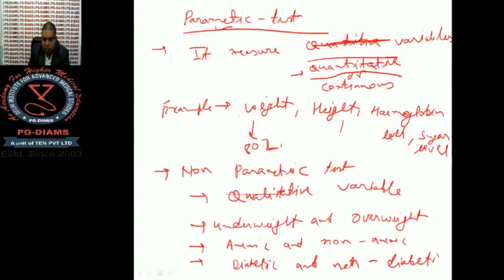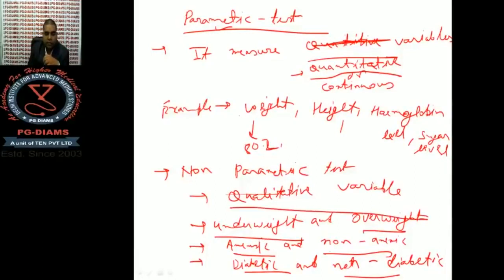This type of two grouping, or more than two grouping, like we can classify anemia as mild anemia, moderate anemia and severe anemia. So these are all qualities, you can see. So this is a qualitative variable. Why? Because they tell about quality. Underweight and overweight, anemic, non-anemic, diabetic, non-diabetic, these are qualities of a particular patient or a person.